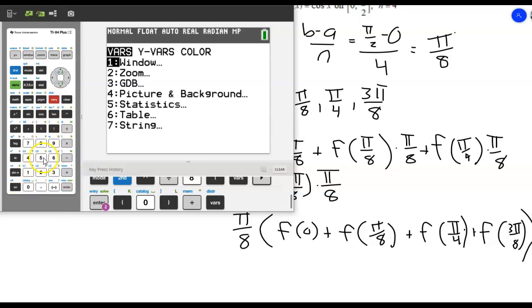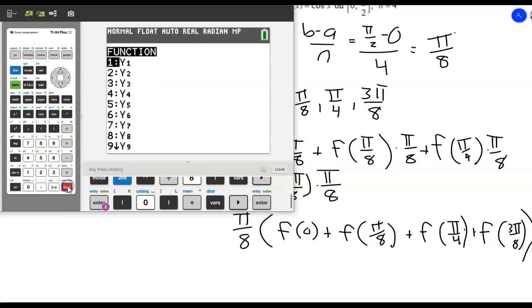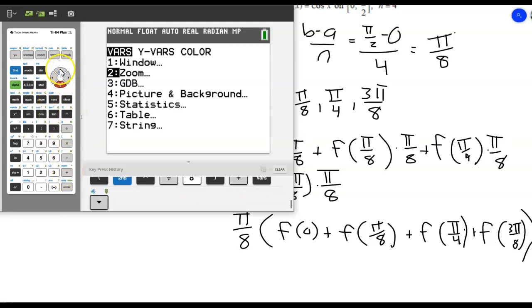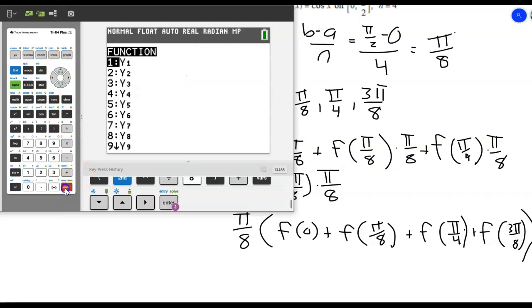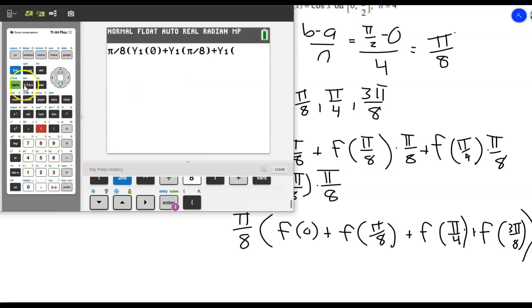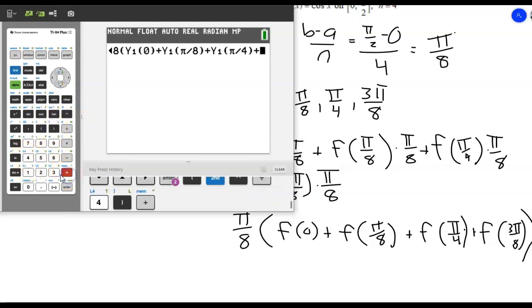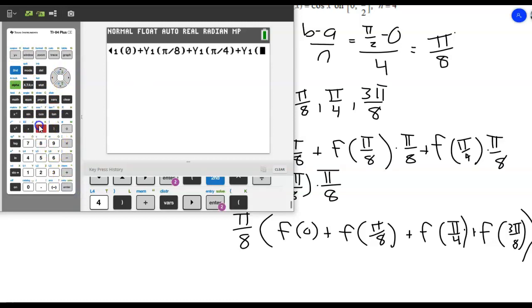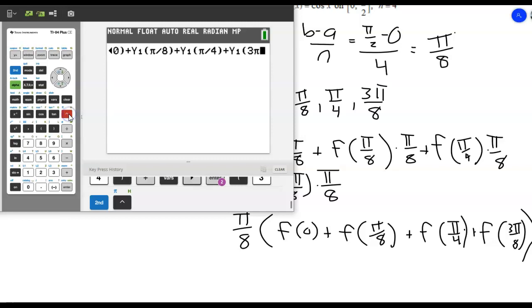plus vars y1 evaluated at pi over 8, plus, same thing, the y variable evaluated at pi over 4, and plus evaluated at 3 pi over 8.